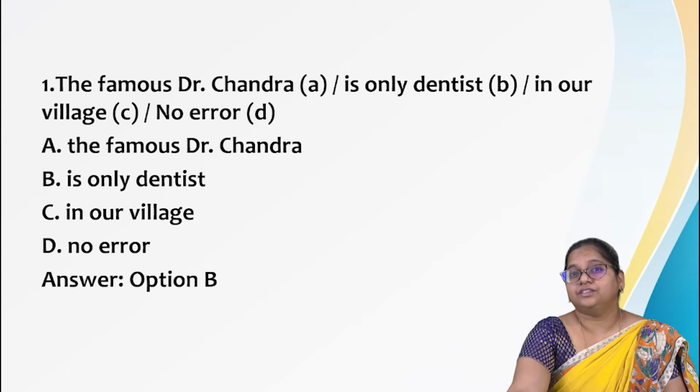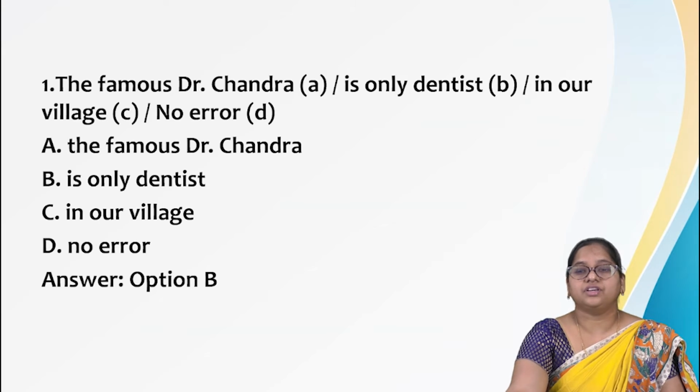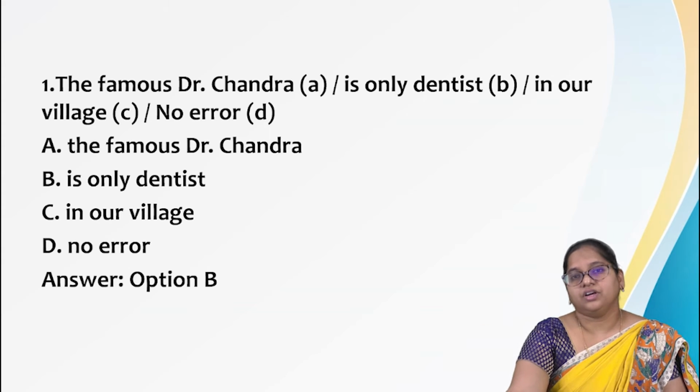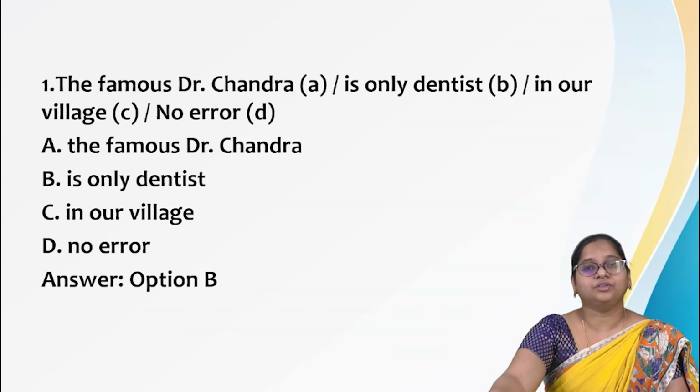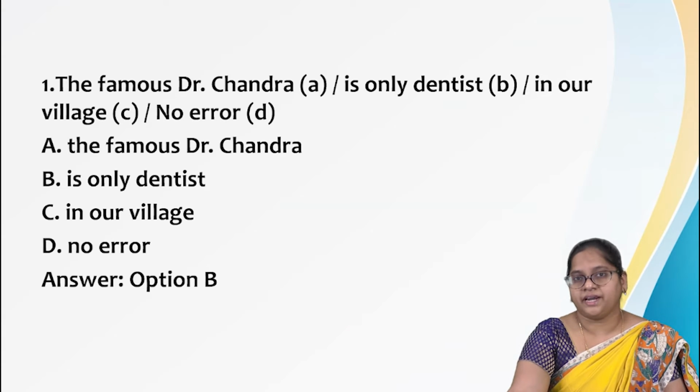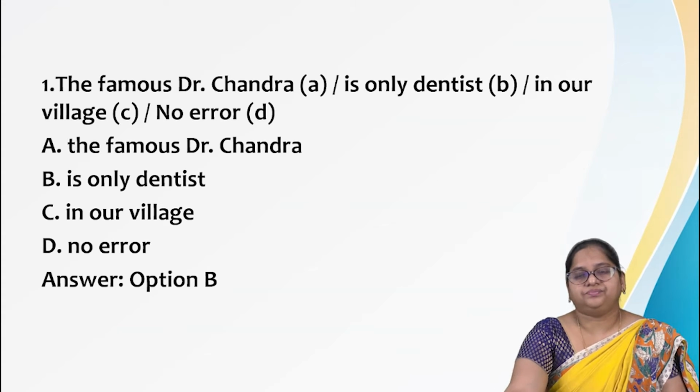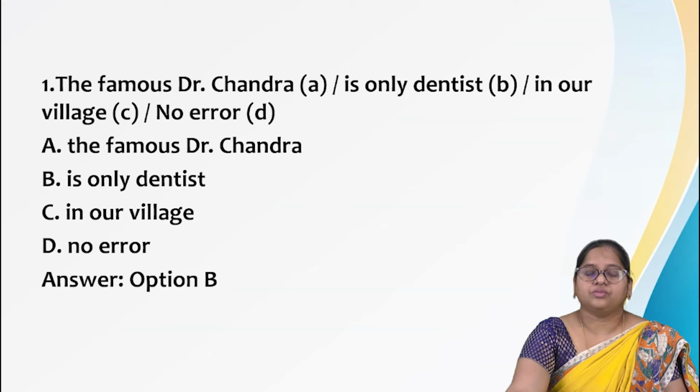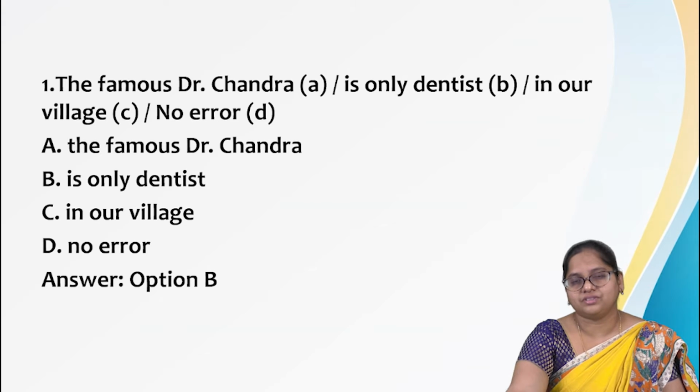You have to add the definite article there to "only dentist". Then you can say he's the only person, one person. He's the only dentist in our place, which means no other person is a dentist. He's the only person who acts as a dentist. That is why, when you say he's the only one, what you're trying to say is that there is no other person like him.